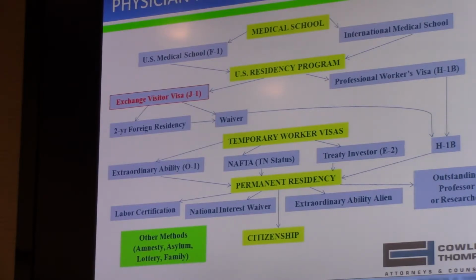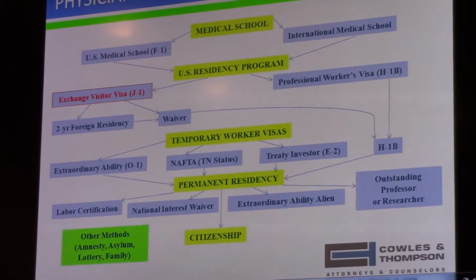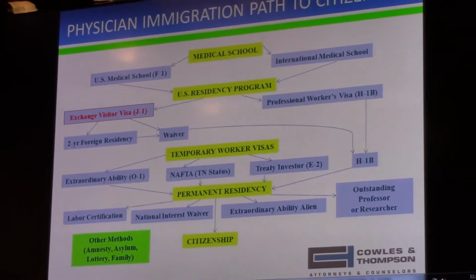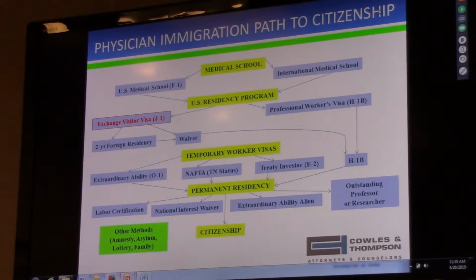Depending on the status, it might be a J1 or not. You might do your residency or fellowship program. And then, depending on whether you do your training program in H1B or J1, there are different options. Regardless of the options, after the residency program and after you're able to navigate that process, you want to obtain a temporary visa in the United States, and from there, obviously, the permanent residency and finally the citizenship.